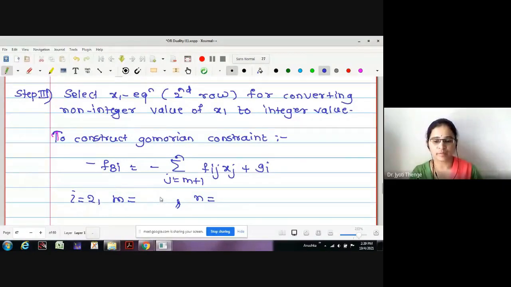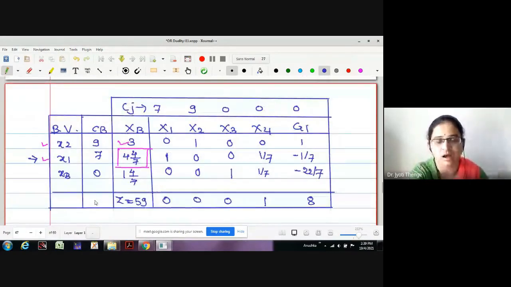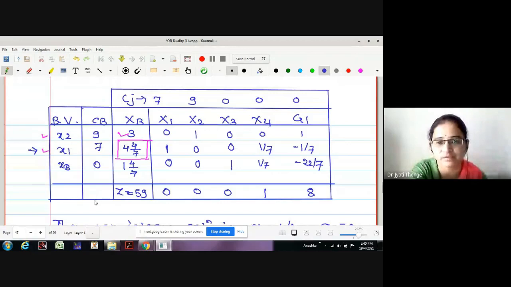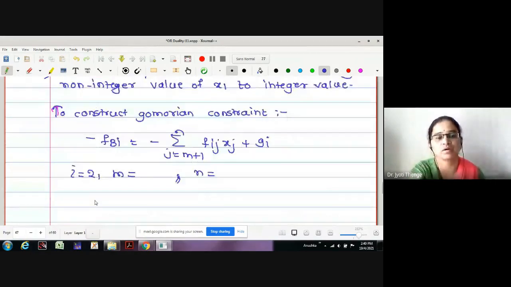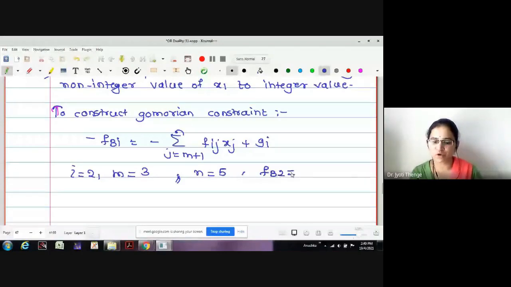How many we have now at this stage? Look at this table. How many basic variables and how many total variables we have? 3 basic and total 5, right? Any doubt with this? Total 5. And what is FB2? Is it 4 by 7?